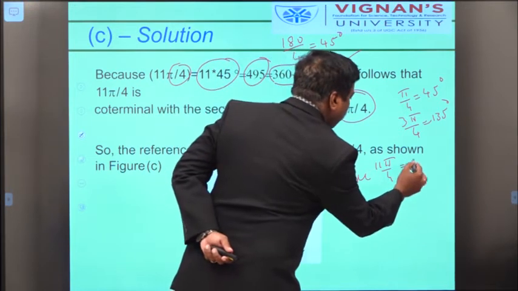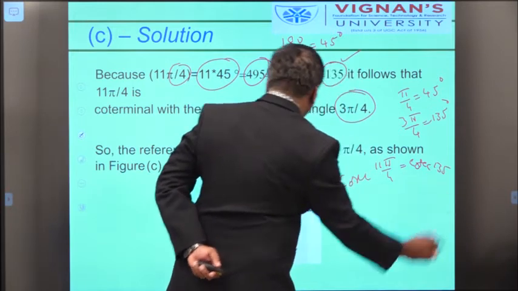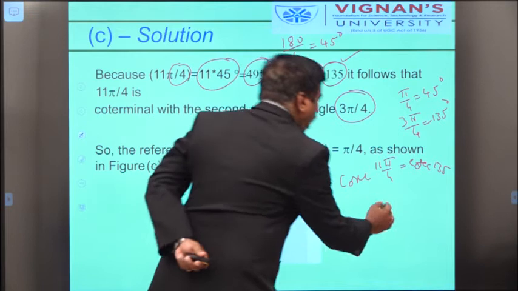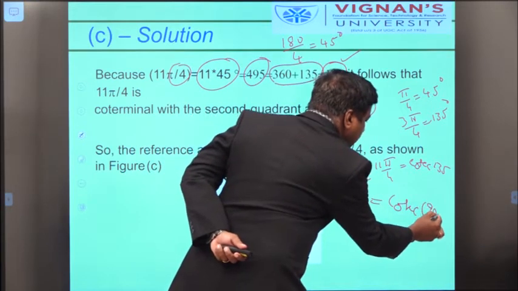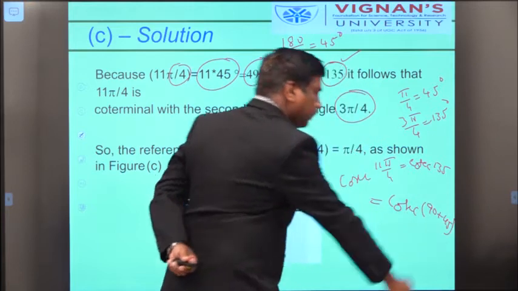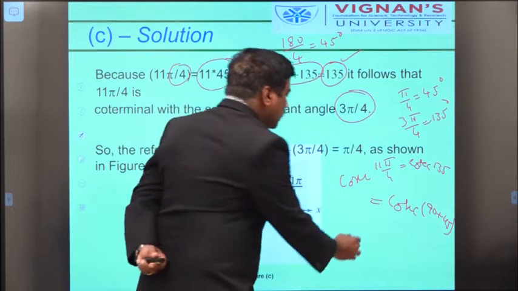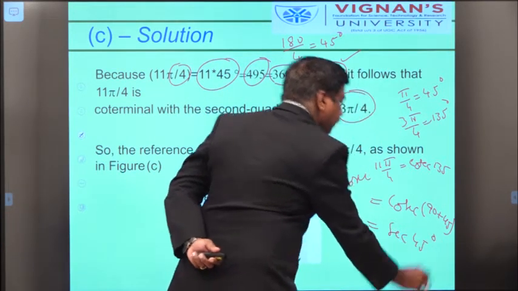Therefore, what value do you have to evaluate here? Cosecant of 11 pi by 4 is cosecant of 135 degrees. This can be written as 90 plus 45 degrees, which was already evaluated previously. At 90 degrees, cosecant will be changed to secant of 45 degrees.